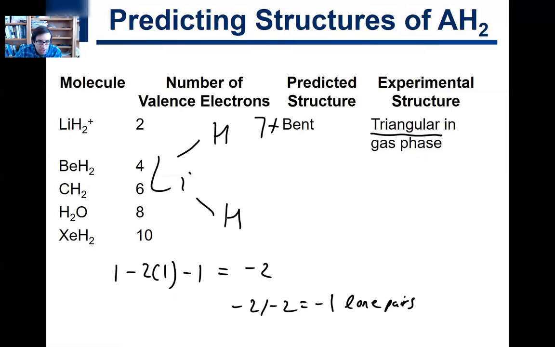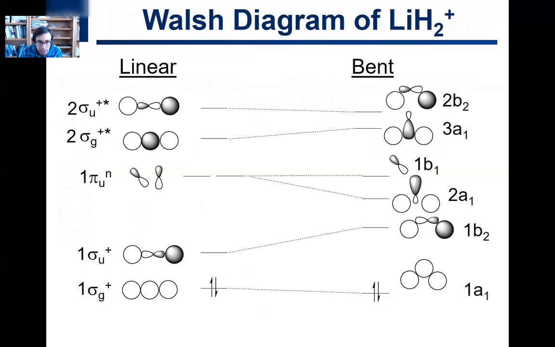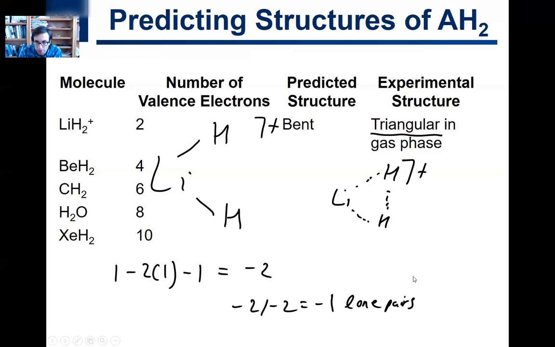A more accurate way of thinking about this is something like this, where really you have something like that. Let's look at what is the actual molecular orbital that's tying it together. It's these s orbitals.